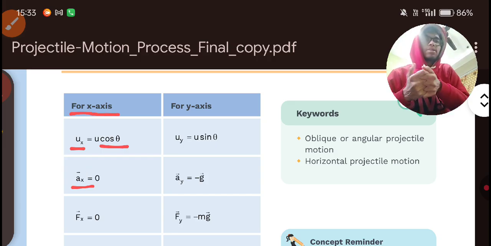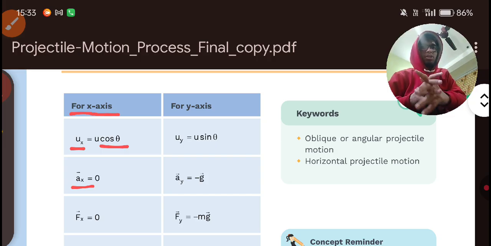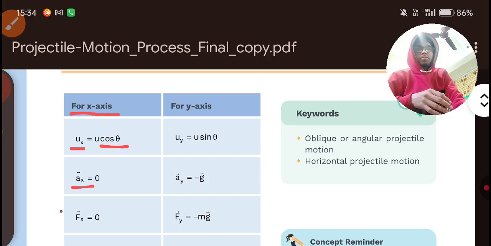In that case you can consider that acceleration as zero. So ax will be zero, and Fx, the force, is also zero.